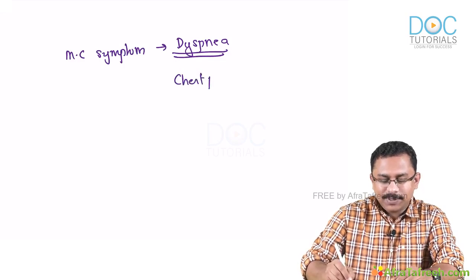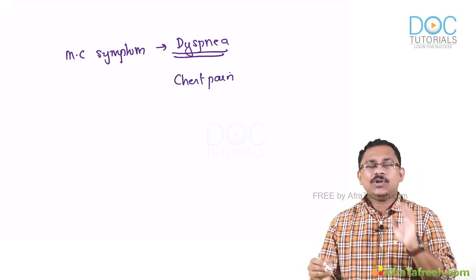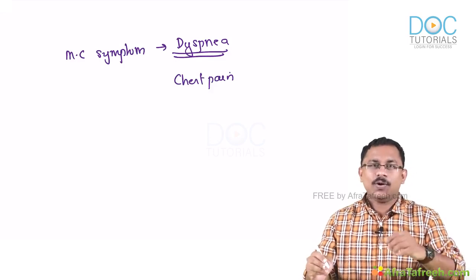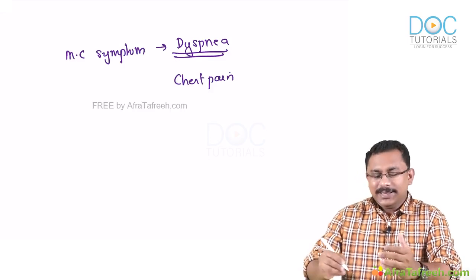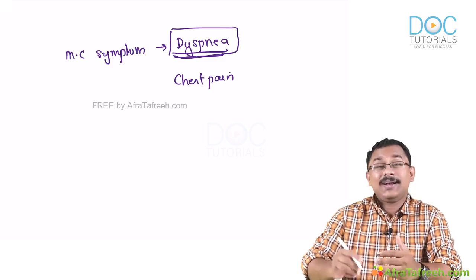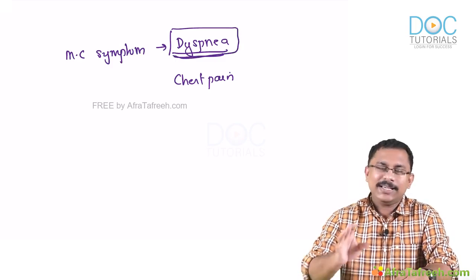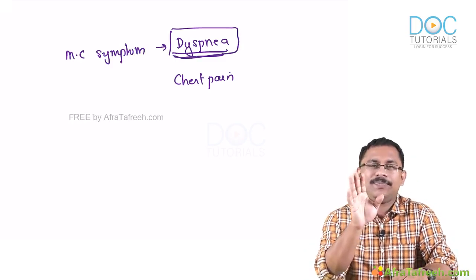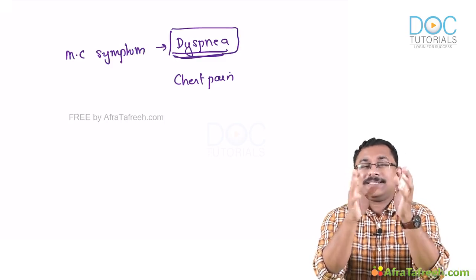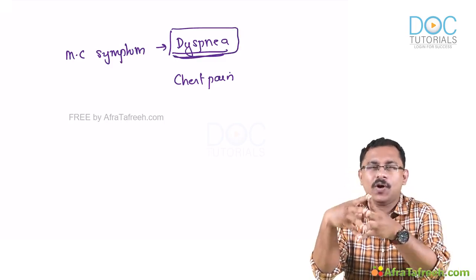He may also have symptoms like chest pain, but the most common symptom is dyspnea. This dyspnea often may be a dramatic onset of dyspnea, because if it is an acute pulmonary embolism, I told you the presentation may be in the setting of a prolonged immobilization.